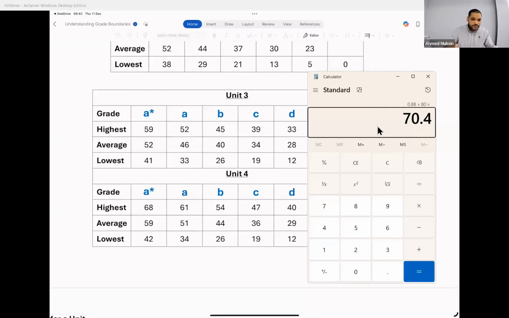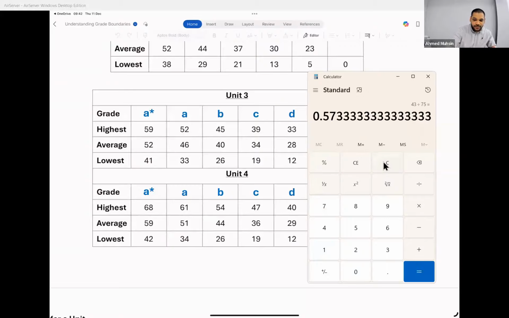Okay, everybody. Vasant, I think you were in the middle level. How much did you score? 43. 43 divided by 75 times 80. No, something went wrong. Tell me again. 43 divided by 75 is 57, and 57 times 80... what am I doing?